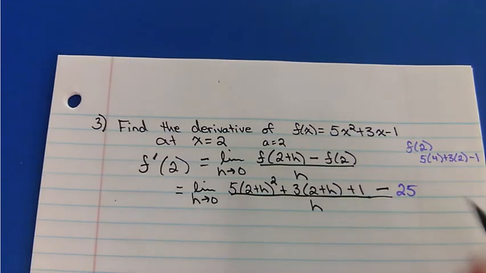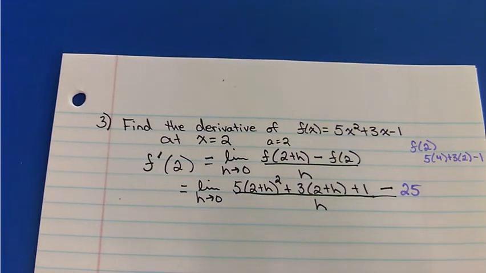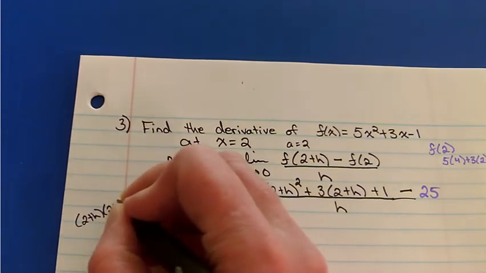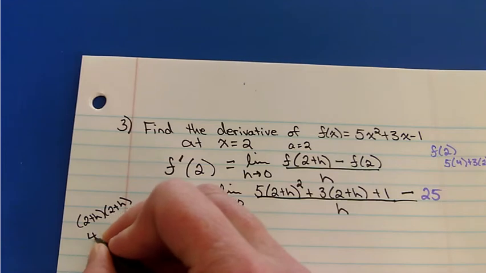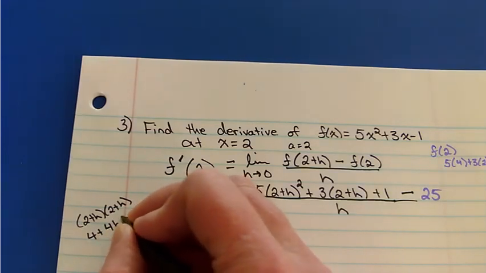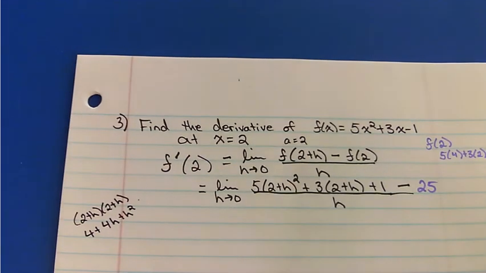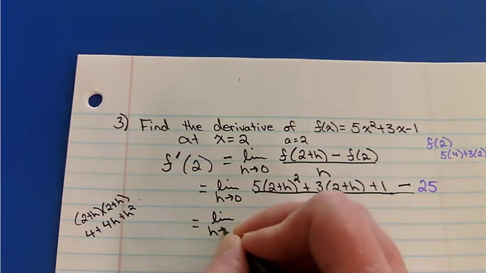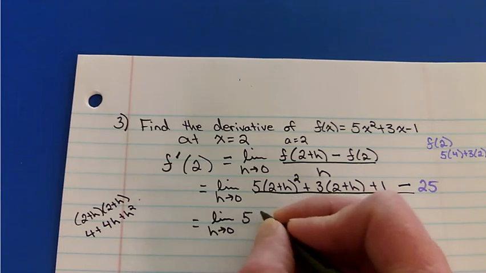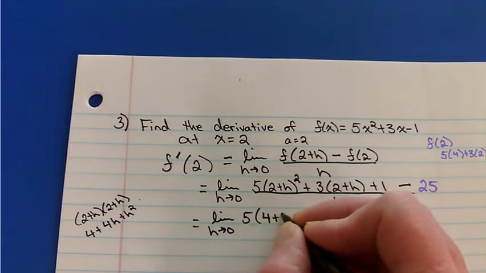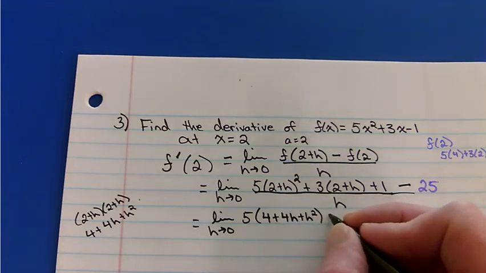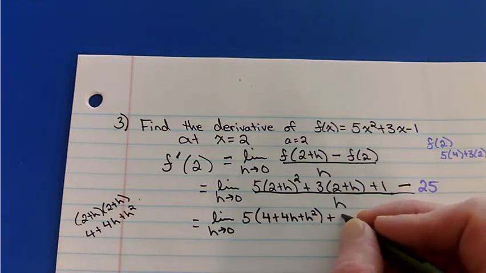We've got to simplify. So I'm going to come off to the side. 2 plus h times 2 plus h. It's going to be 4 plus 4h plus h squared. And there's a 5 on the outside. So that means I'm going to have to distribute that in just a second. I'll go ahead and distribute the 3 here.